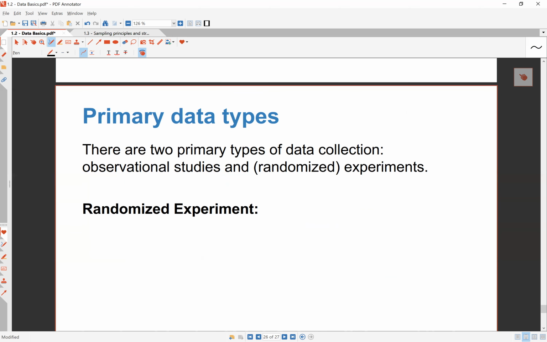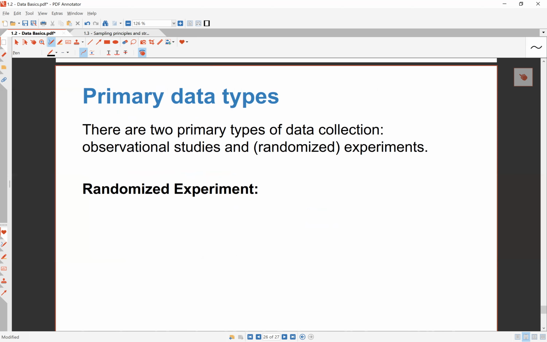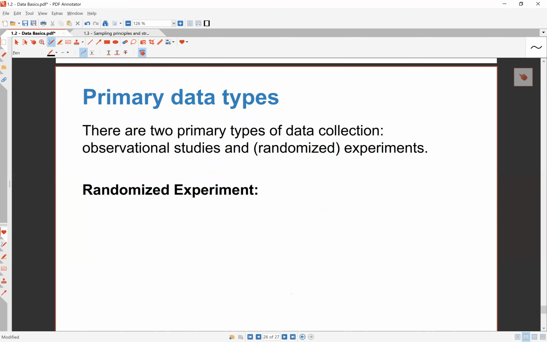The other kind of study is a randomized experiment, and this is defined by active intervention. Active intervention could take a lot of different forms. It could be giving participants a new medication to try.